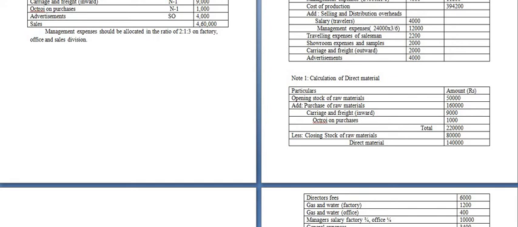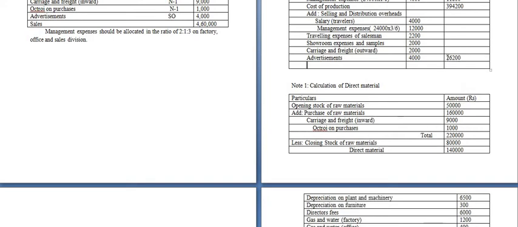Now again go through the problem. If any expenses we have left out. If not, then make total of selling and distribution overheads, that is 26,200. Okay.